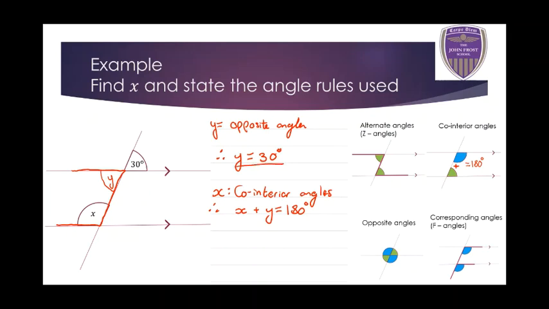We know that y is 30 degrees, so x plus 30 degrees equals 180 degrees. Therefore x is equal to 180 degrees minus 30 degrees, and 180 minus 30 is 150 degrees. Okay, so we found angle x, and once again we've used two angle rules.